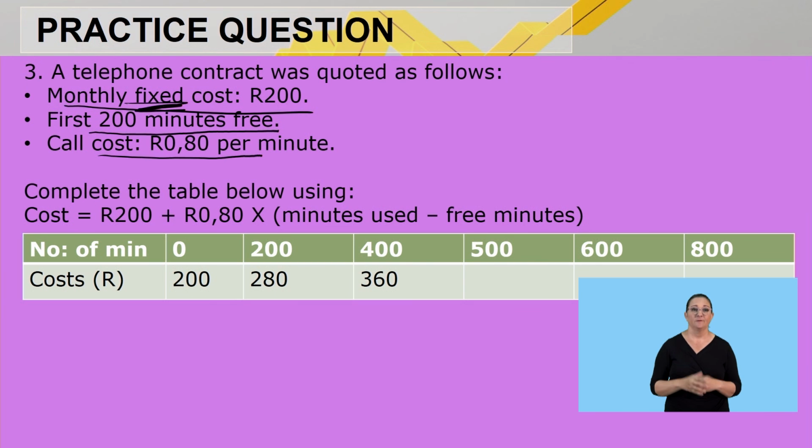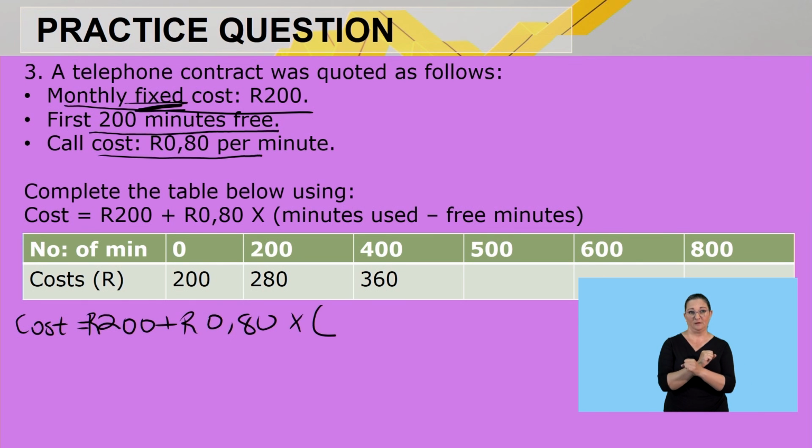So now we have 3 missing values that we need to fill in. Using our formula, the cost will be 200 plus 80 cents multiplied by the number of minutes used. In this case, to find the cost, this person has used 500 minutes.